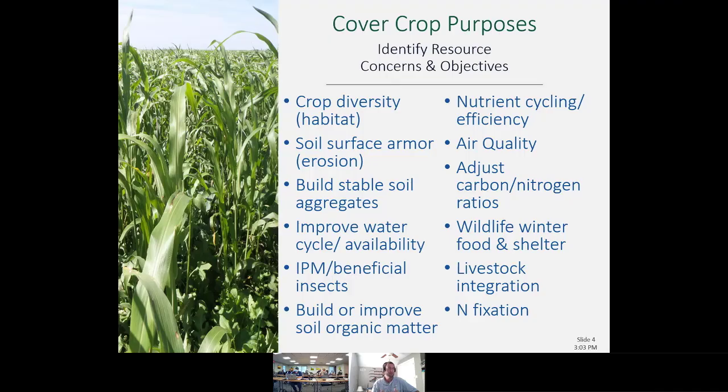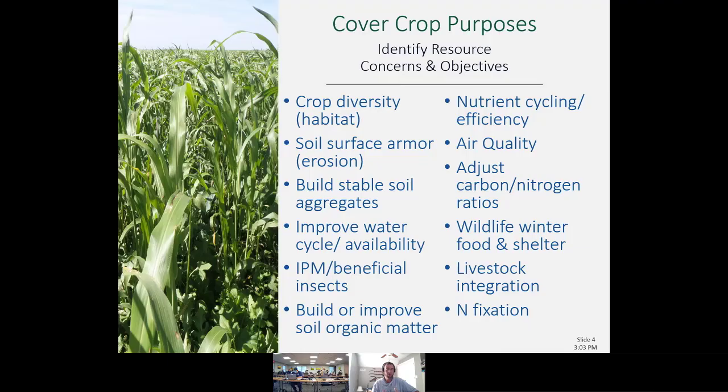But things like crop diversity, I mean, we're providing additional habitat for that soil biology that we learned about earlier, to where we can make a more efficient opportunity to cycle nutrients and feed that soil biology just by including diversity in that cropping system through use of a cover crop. Our agency was built on addressing erosion.